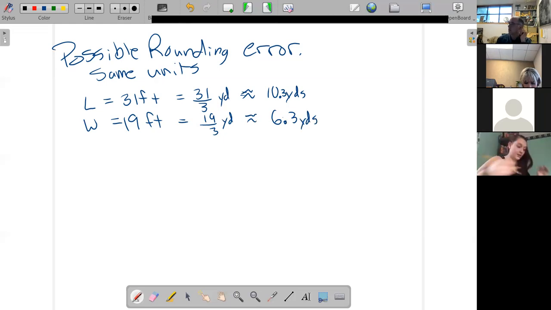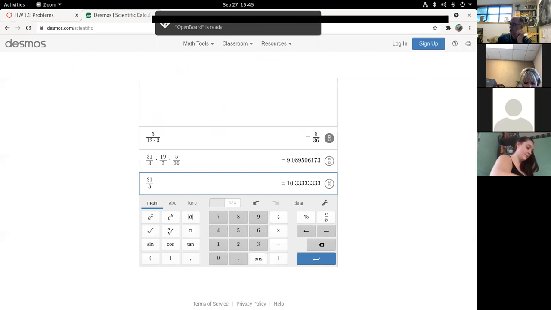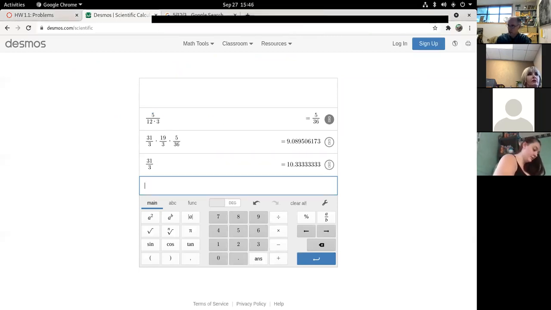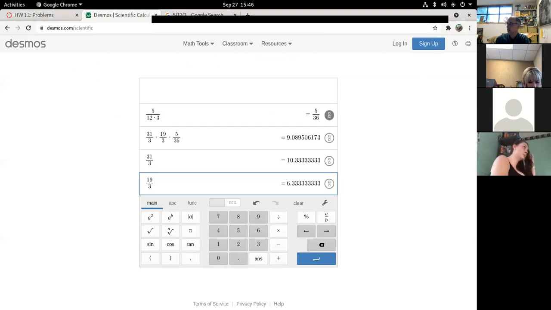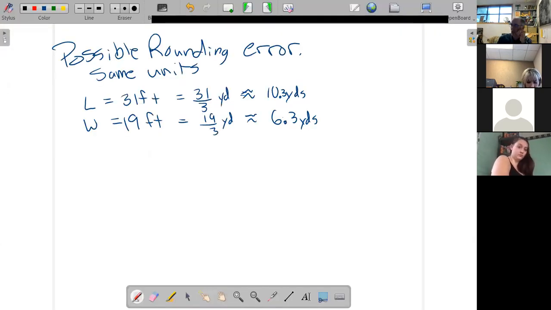Let's check on the calculator. I like in classes like this to practice doing it in my head and checking on a calculator. 19/3. Yeah, so 6.333, we'll round that to 6.3. And then we had a height, that thickness, started off at 5 inches, and we converted that by dividing by 12 and 3, which is like dividing by 36.